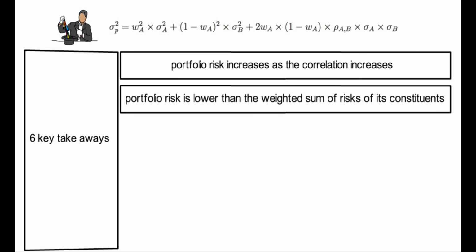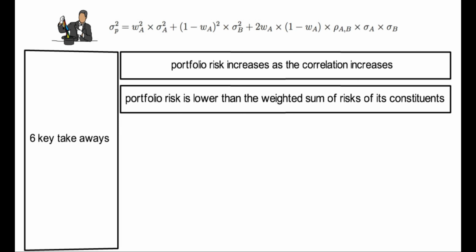Second, as a general rule, portfolio risk is lower than the weighted sum of risks of its constituents. The only exception comes up when there is perfect correlation among all the assets in the portfolio.